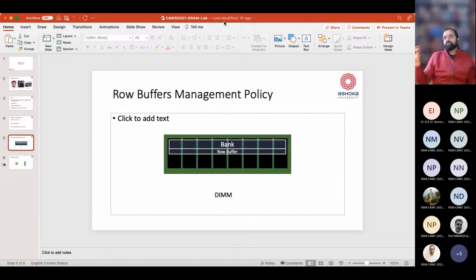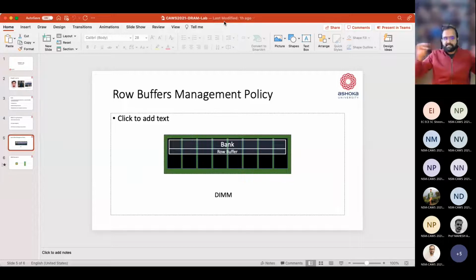And out of this 4 kilobytes, I only need 64 bytes, because that was the amount of information that I missed, or have to refill in the last level cache. My cache line is 64 bytes. But I have read 4 kilobytes into this row buffer because I'm hoping to do what?